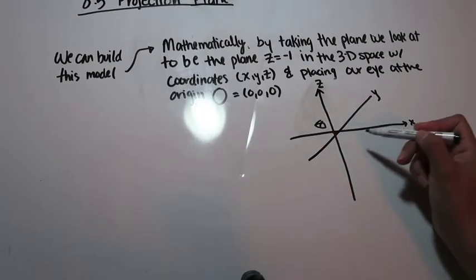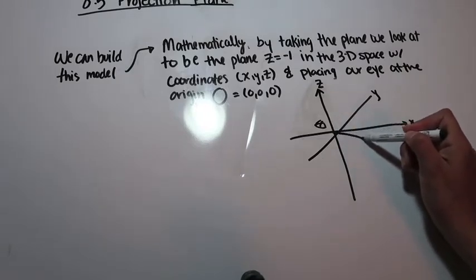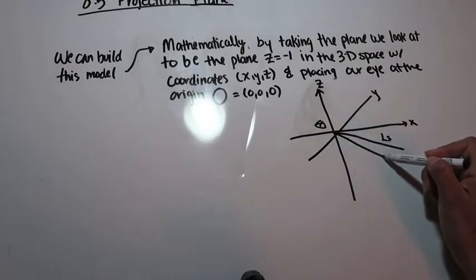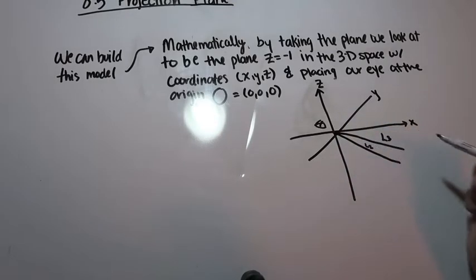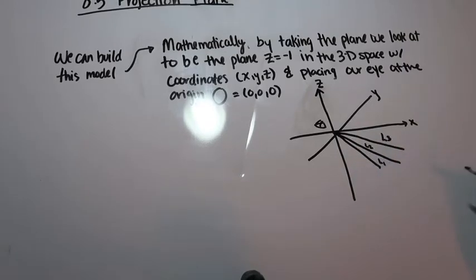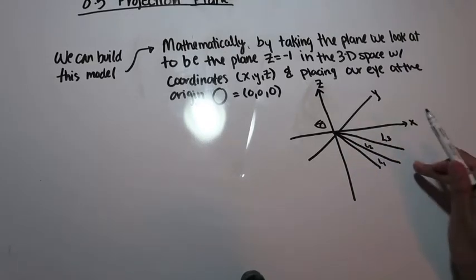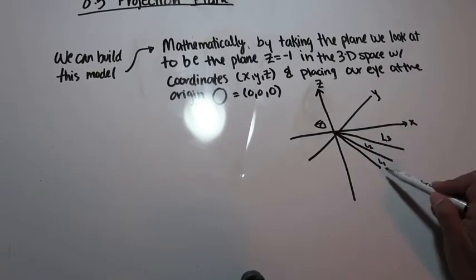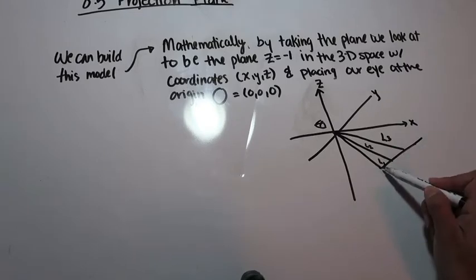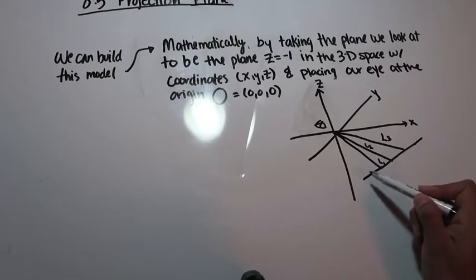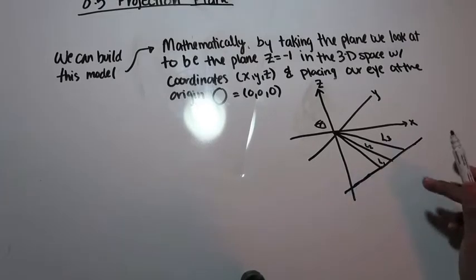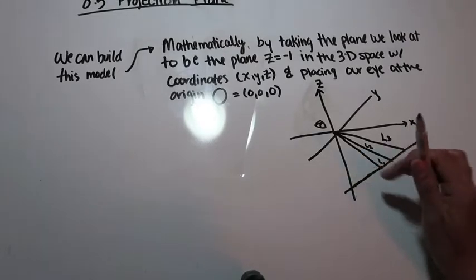And we get something that looks like this, which is your line 3, line 2, line 1, and they're projecting onto this horizon here, and this comes from our space.